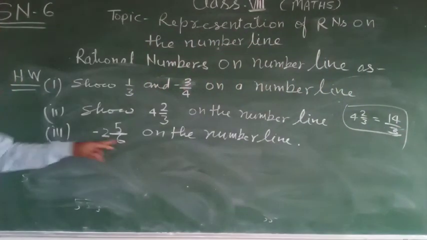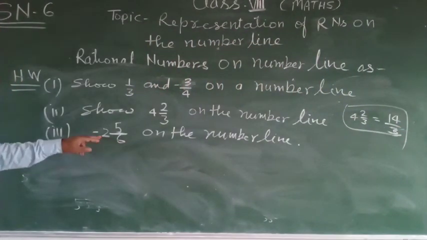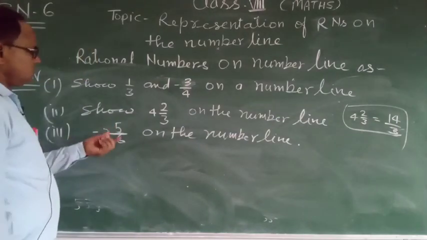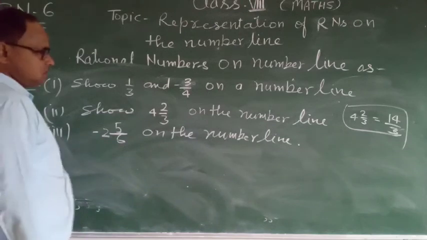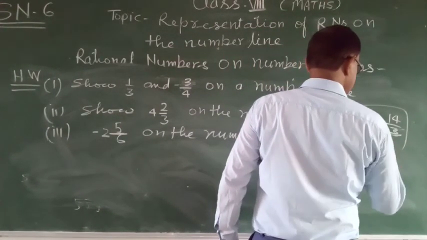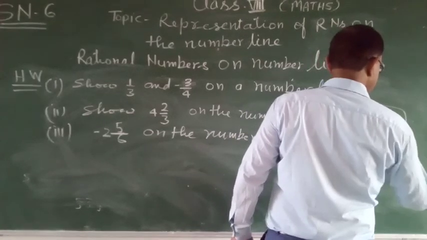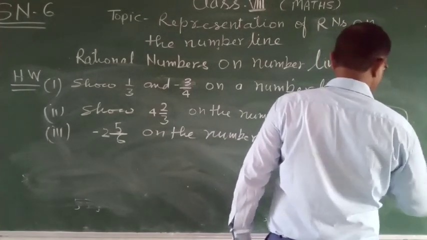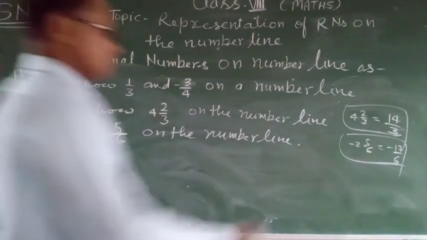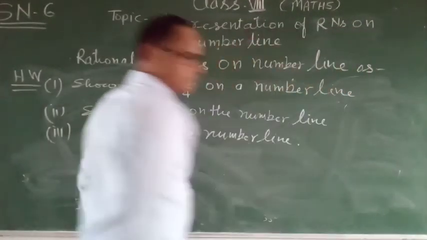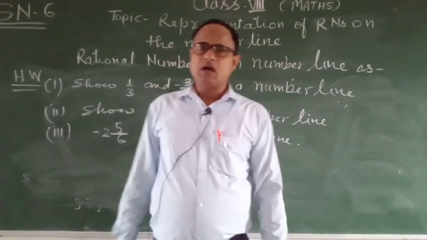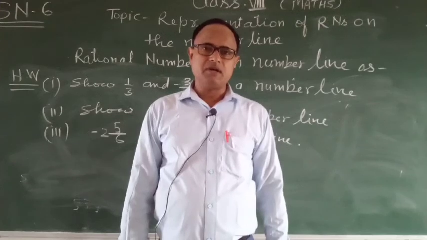And here 6 times 2 is 12, 12 plus 5 is 17, so 17/6. Minus 17/6, that is -2 and 5/6, we can write as minus 17/6. Okay, student. After this, I will teach you the next topic tomorrow. Okay, student. Thank all of you.